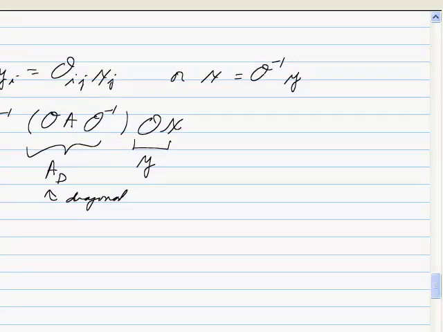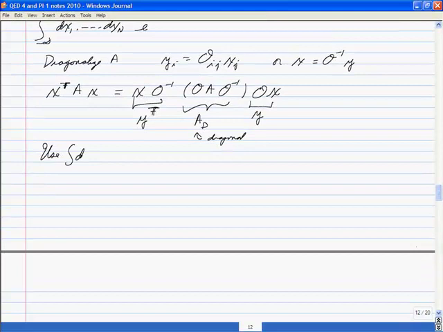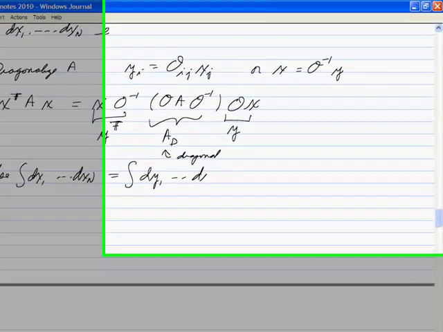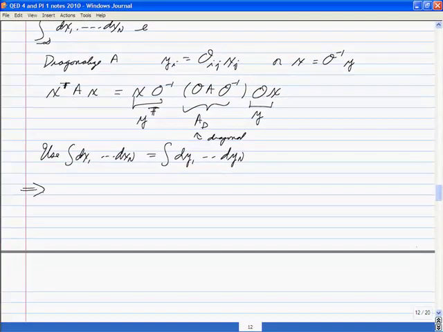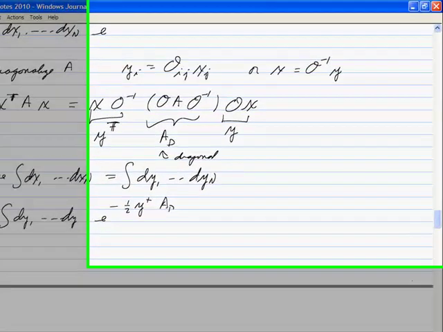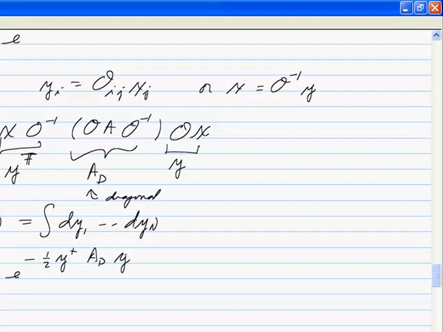And then we also use that the integral dx1 up to dxn is the integral dy1 up to dyn, if this is an orthogonal transformation. That's true. So this implies that the integral is the integral dy1 up to dyn of e to the minus a half y transpose A diagonal y.